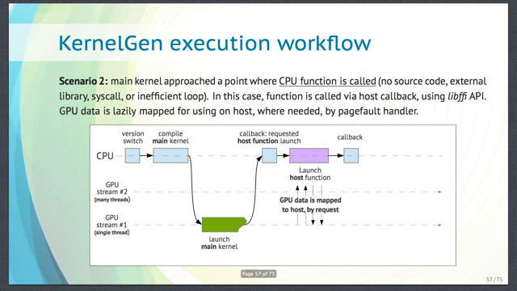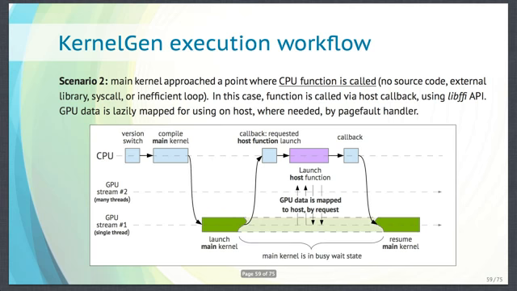Once the host function is finished, we reload the dirty memory pages the host function might have updated and write them back to the GPU memory. In the same way, we resume main kernel execution. There could be multiple host function or loop function calls. So this is the general scheme of the execution workflow in KernelGen.